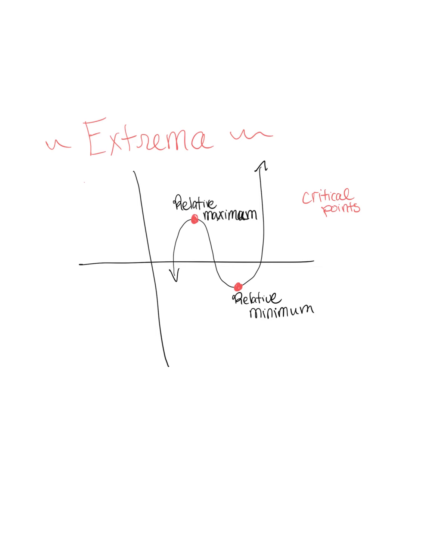So it's not an absolute maximum, because if it just goes on and on and on, it's never really going to cap out if the function just goes on. And it's never really going to bottom out.